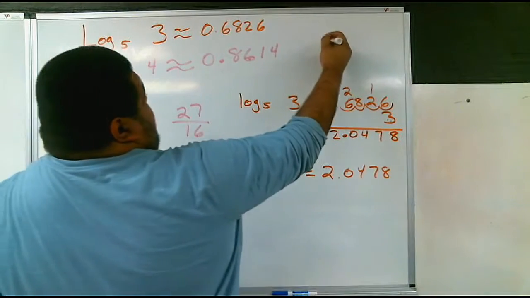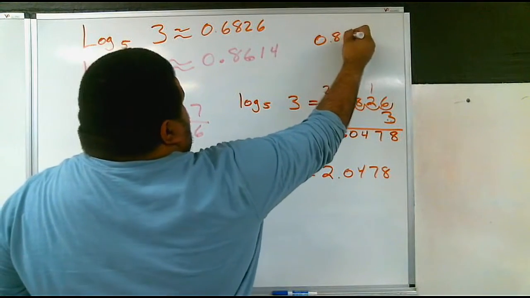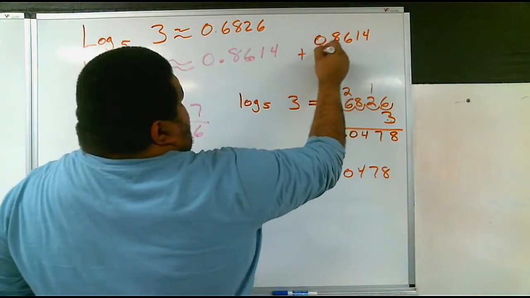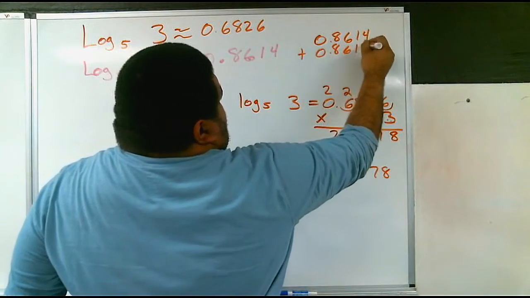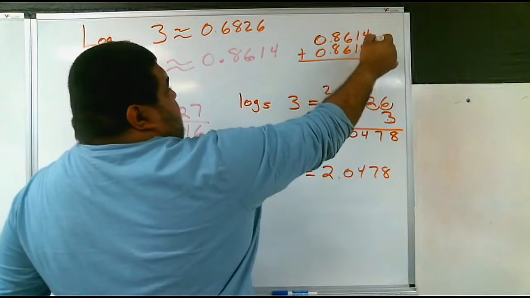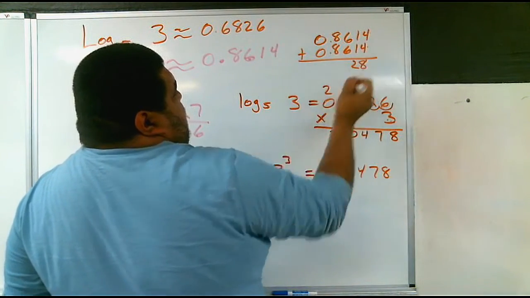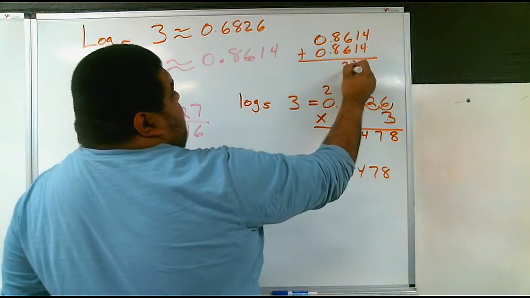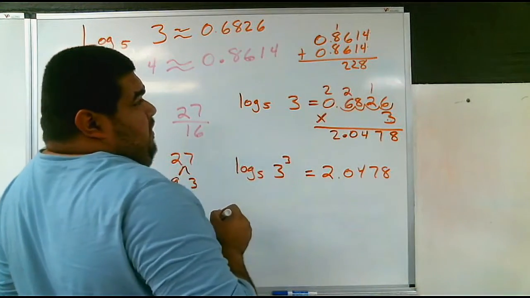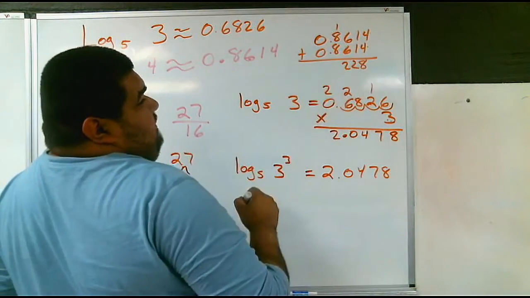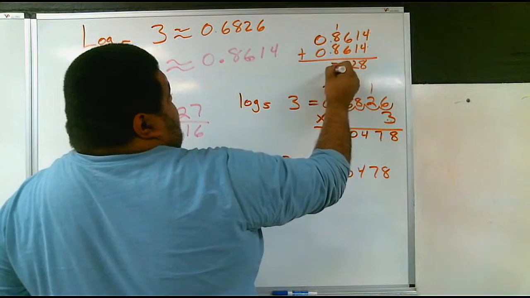Okay? So we have 0.8614 plus 0.8614, which is 4 plus 4 is 8. 1 plus 1 is 2. 6 plus 6 is 12. Bring down the 1, or bring up the 1. 8 plus 8 is 16, plus 1 is 17.